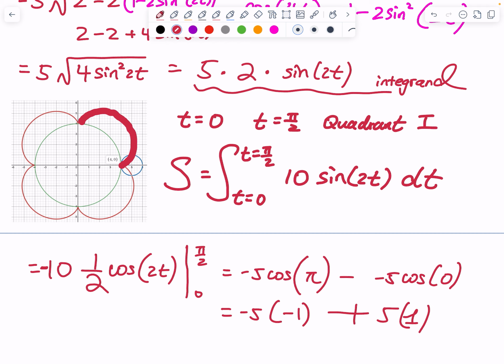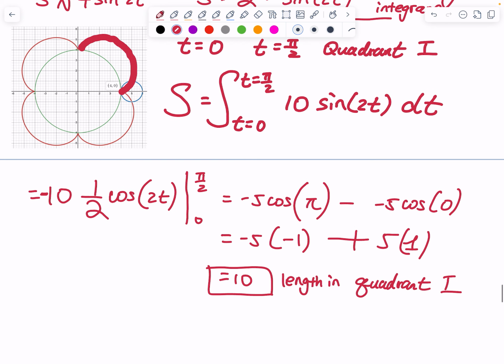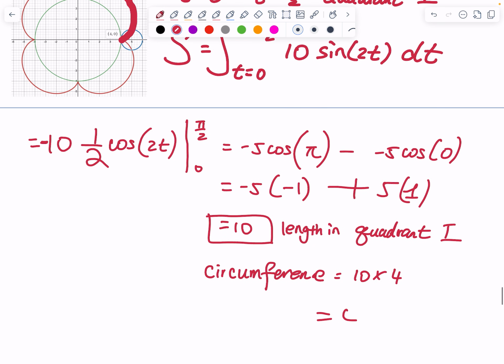So we have 5 plus 5 that is equal to 10. So that is the length in quadrant 1. And then you multiply by 4. So the circumference or arc length, that is 10 times 4. The total is equal to 40.